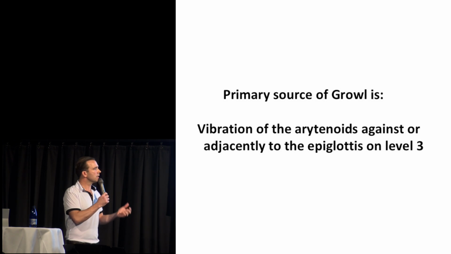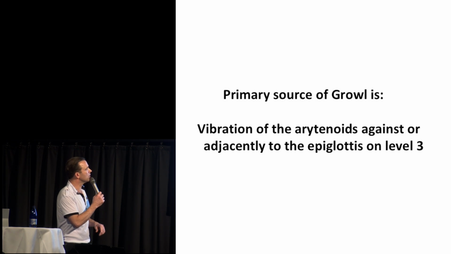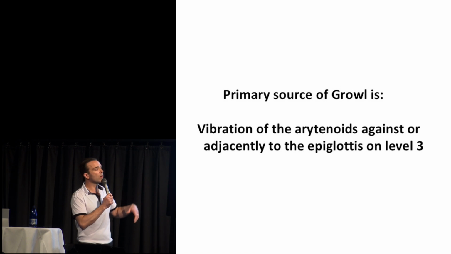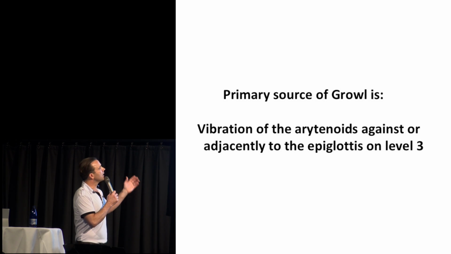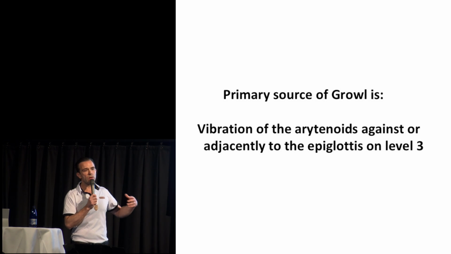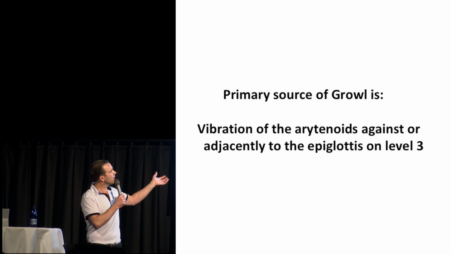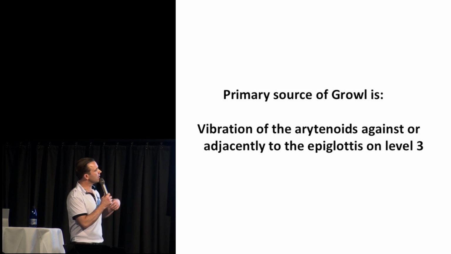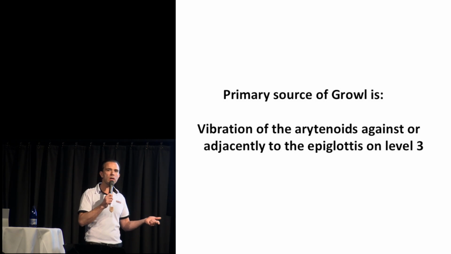So that's the difference that we mainly see in our subjects when we are observing them performing rattle, which involves the arytenoids vibrating, and the growl, which also involves the arytenoids vibrating, but more or less against the epiglottis. So that changes the parameter sound-wise and thereby also teaching-wise.